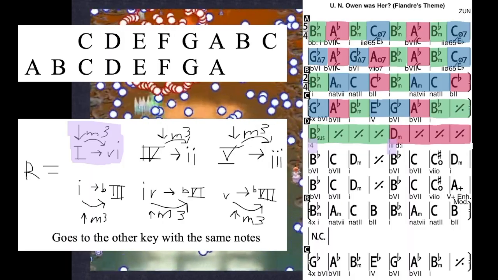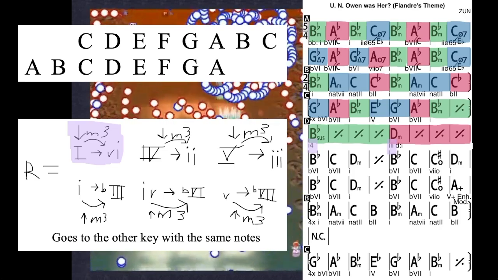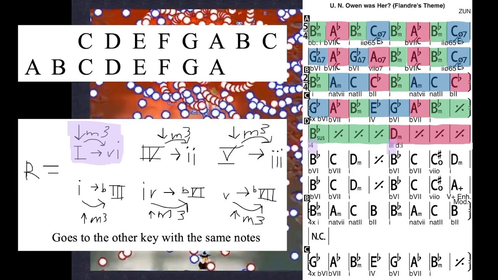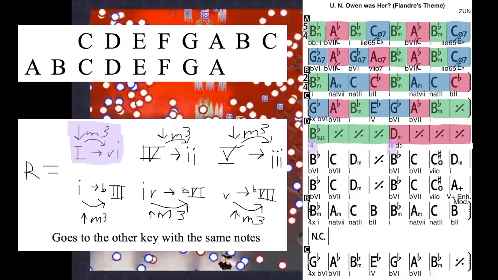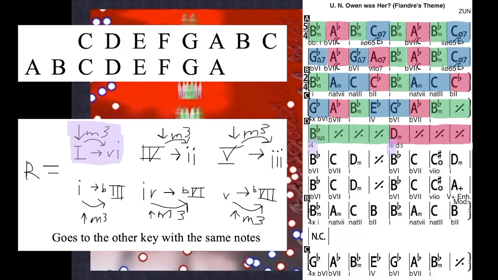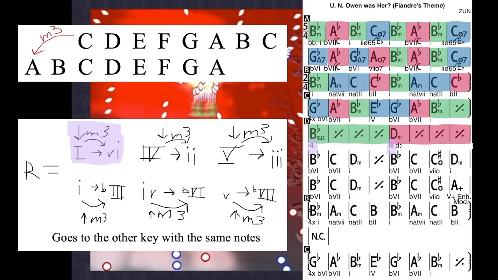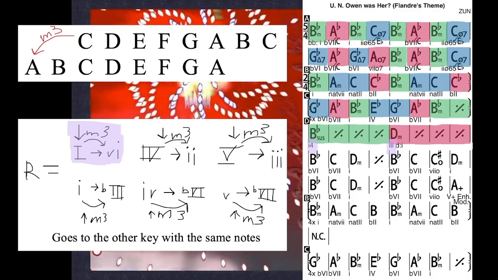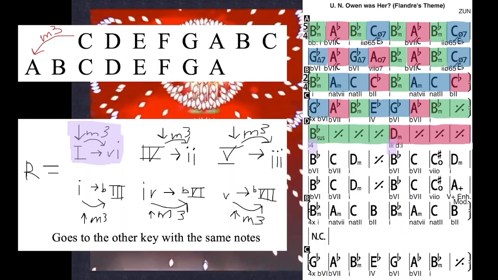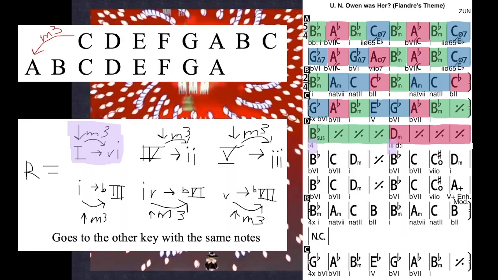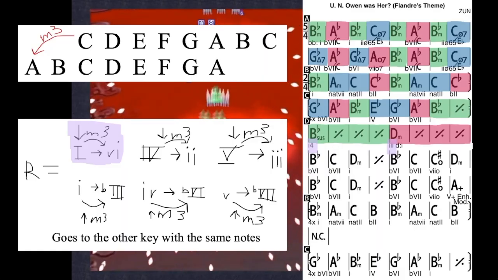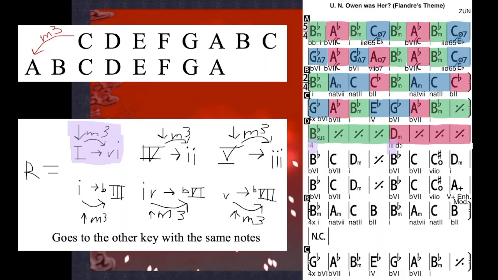Well, we can use this to create a sort of relationship between the two keys, the fact that they have all the same notes. Look at the distance between these two scales, between A and C. A and C are a minor third apart. Isn't that interesting?